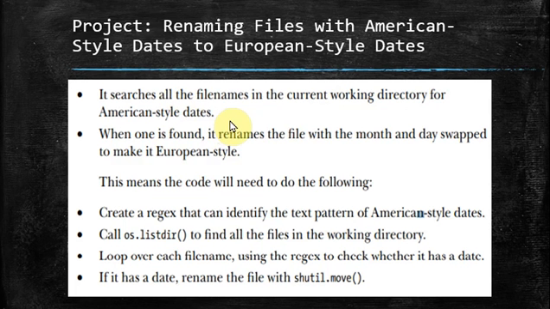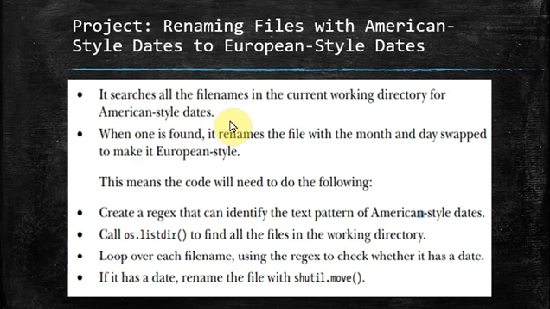Suppose you have a file named abc.txt; in that you don't have any date. But if you have a file name with 12-02-2020, where 12 is the month, 02 is the date and 2020 is the year, that is an American style date in your file name.